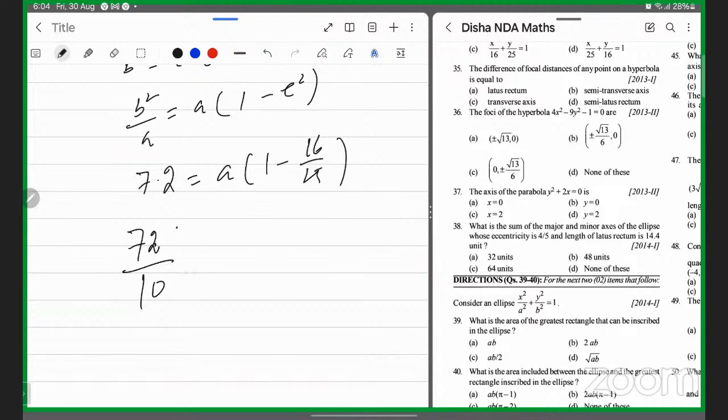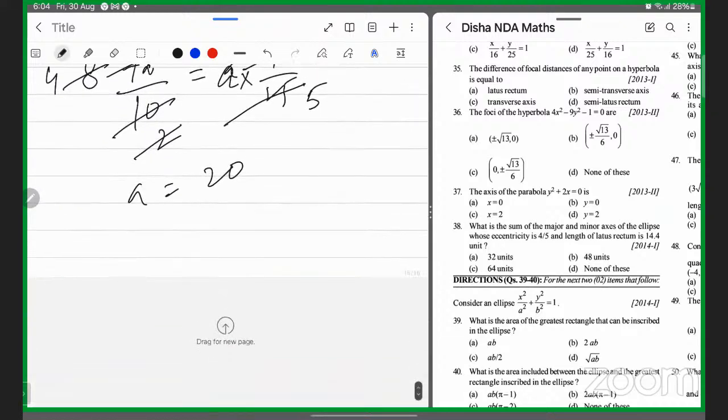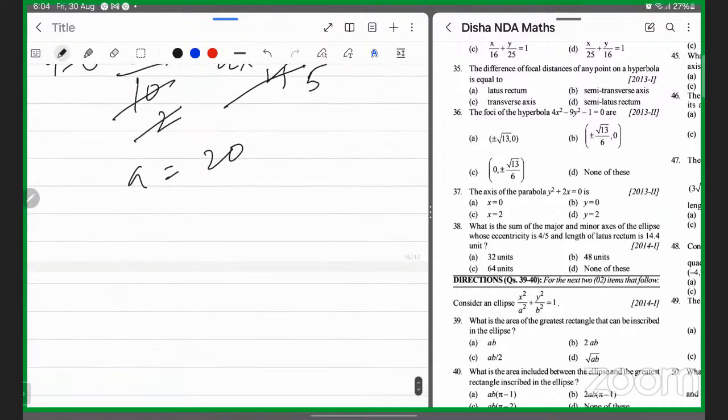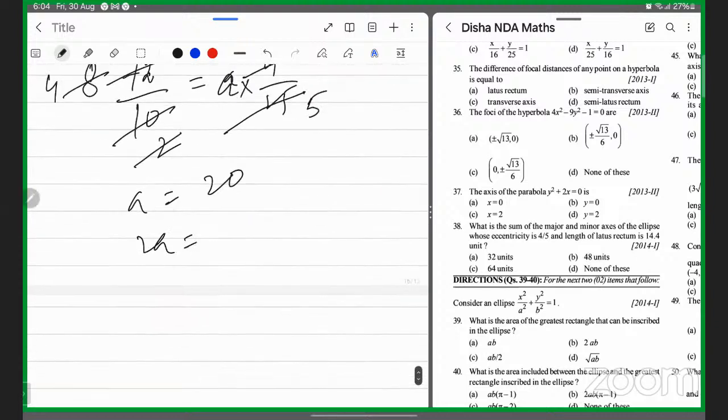So a into 9 upon 25. Any problem? So ultimately you will get 2a, the major axis length, 40. None of these?